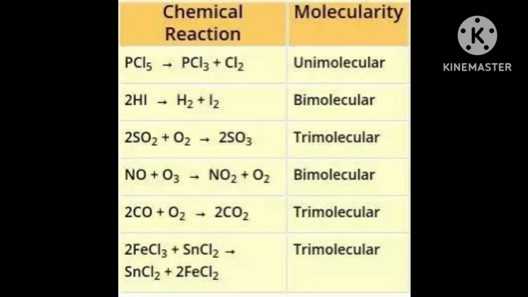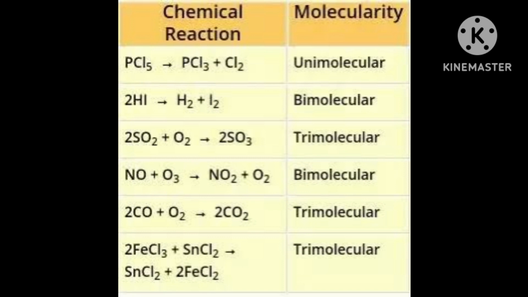If suppose a reaction is taking place in only one step, then that is called elementary step. Elementary means main step. If the reaction is finishing in only one step, that step or state is called elementary state. And in this step, a balanced equation is there.